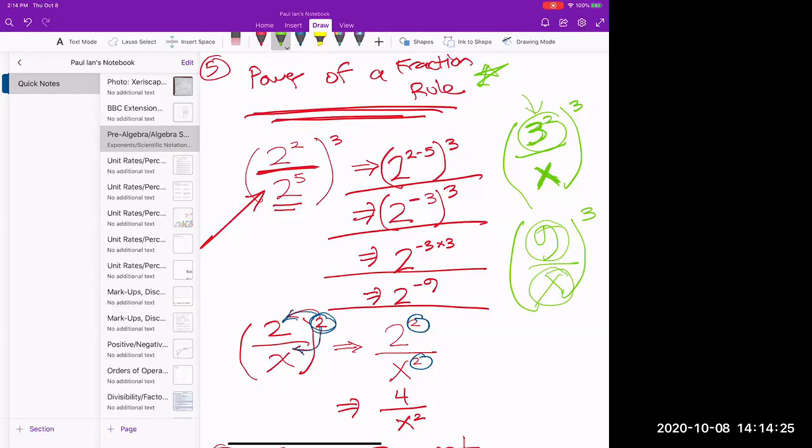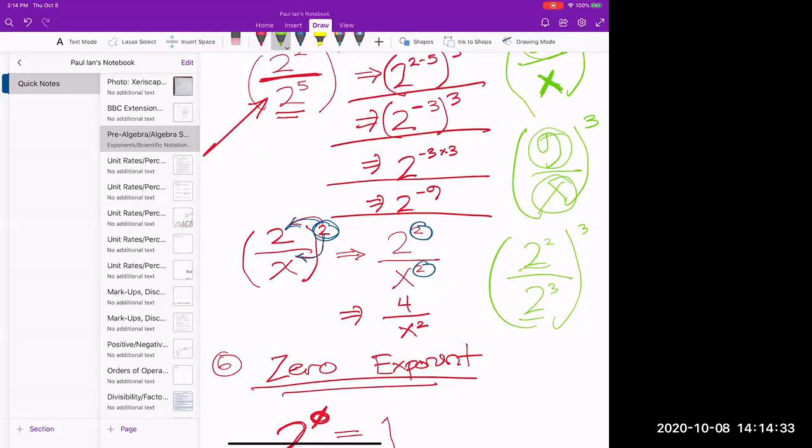If they're the same, for example this one, if it's the same base, that's the only time that you subtract. But if it's not the same base, like this one right here, you had a 9 and an x, you just leave this alone and then you work with this guy.